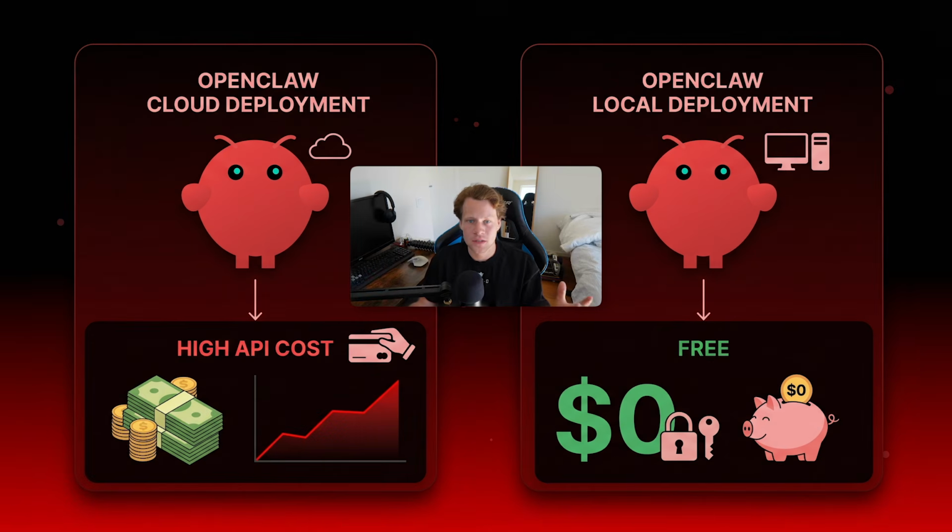You can basically have an employee that works 24/7 for you, answering emails, managing tasks, and running automations. The thing is, if you run OpenClaw with cloud-based AI like Claude or ChatGPT, your API costs will run very high. But if you use it with local AI instead, it will be completely free. So basically you can have an employee for completely free if you run it through local AI.